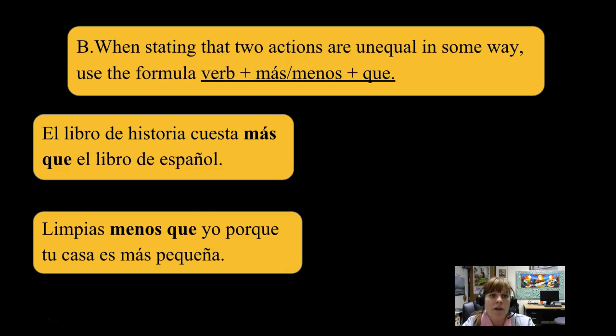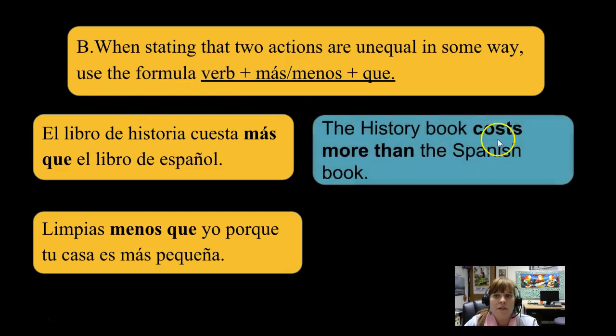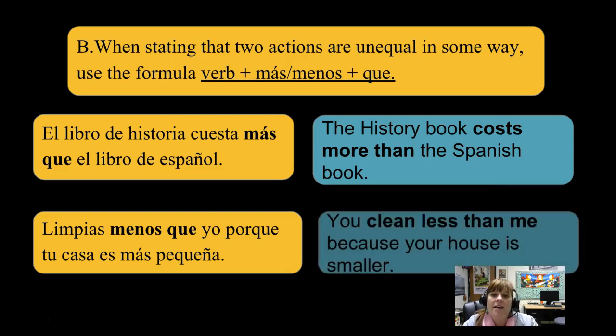The history book costs more than the Spanish book. Right? So in this context, we had the verb cost more than. Cuesta más que. And you can do the same thing with menos. Limpias menos que yo porque tu casa es más pequeña. You clean less than me because your house is smaller.